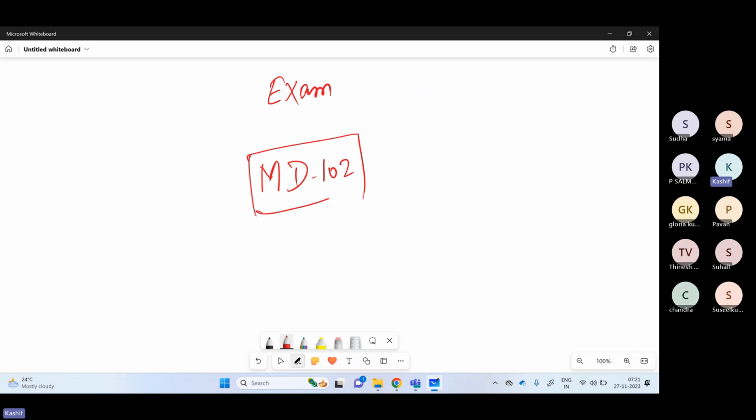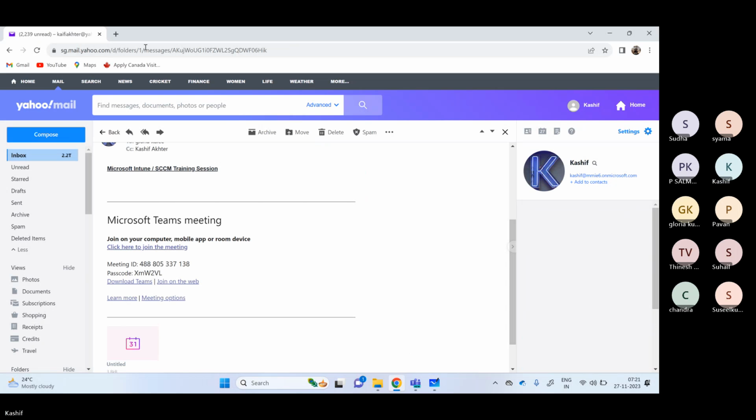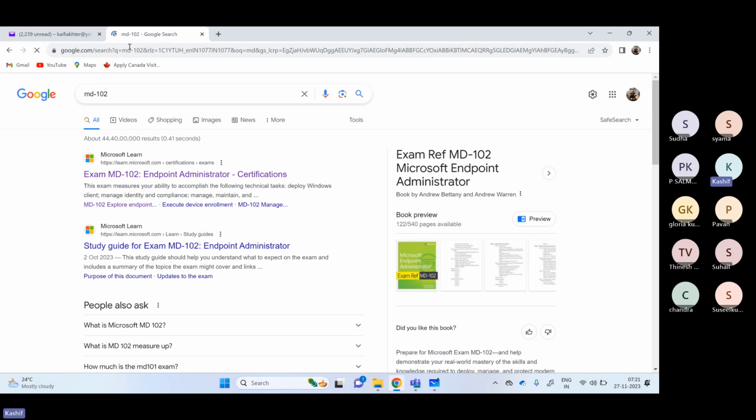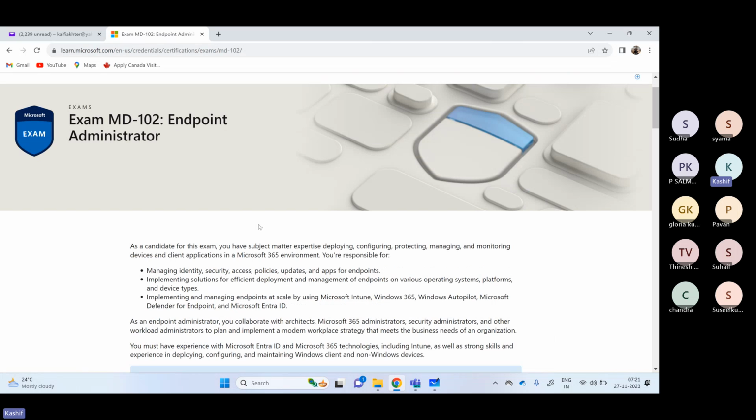MD 102 is the exam which was released in the month of June itself. This year, it's a new exam. After taking this exam, you will become Microsoft Endpoint certified. I'll show you MD 102. You see Endpoint Administrator. So this is the exam.